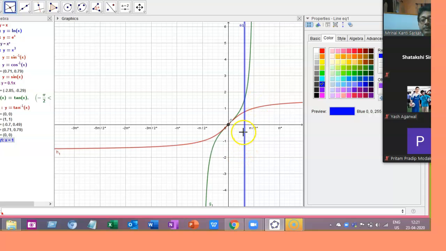Now on x equal to 1, the x coordinate is 1, and this maroon graph is the graph of tan inverse x. When x equal to 1, the y coordinate of tan inverse 1 is what? This much part only, from this point to this point.